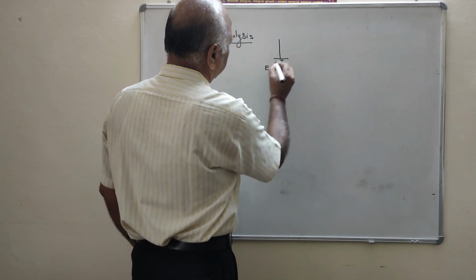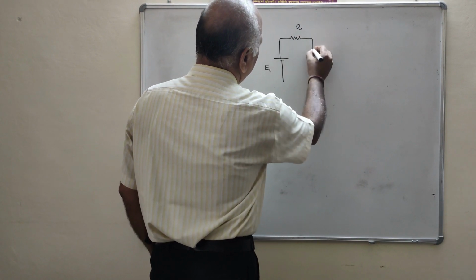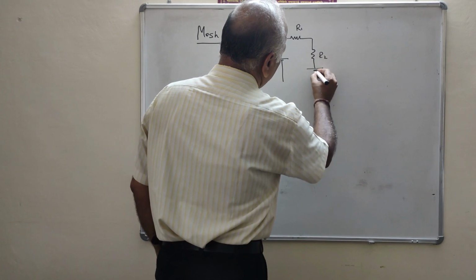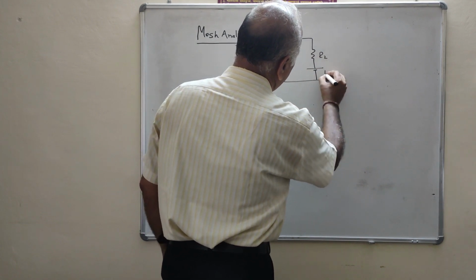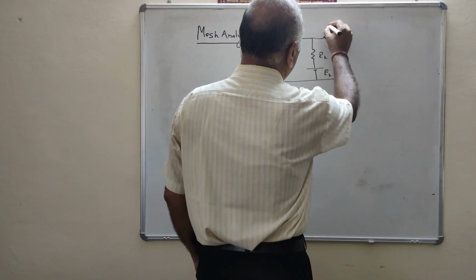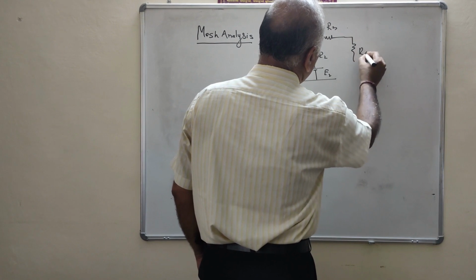This is E1. Say this is R1. Say this is R2. It is another source, say this is E2. Say this is R3. This is R4.